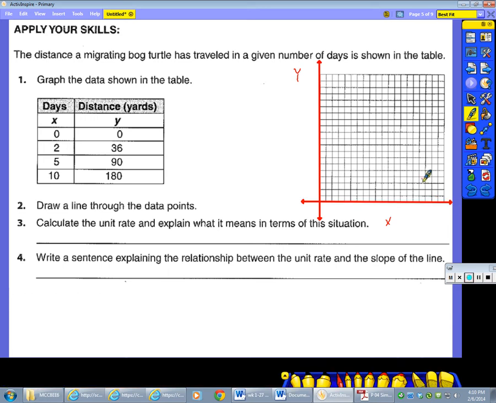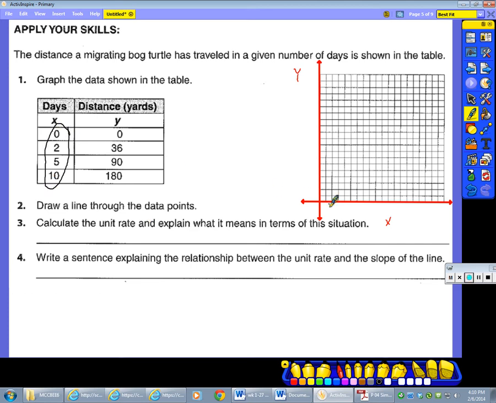And you get to count by whatever scale you want, but on my x-axis I need to go from 0 to 10 at least. So I'm going to go 0, and then I can go 1, skip a line, 2, skip a line, 3, skip a line, 4, skip a line, 5, 6, 7, 8, 9, and 10.